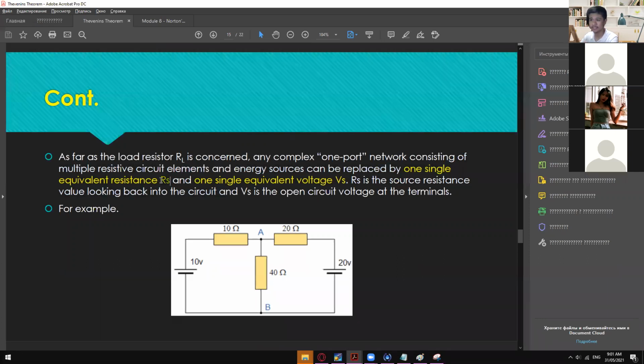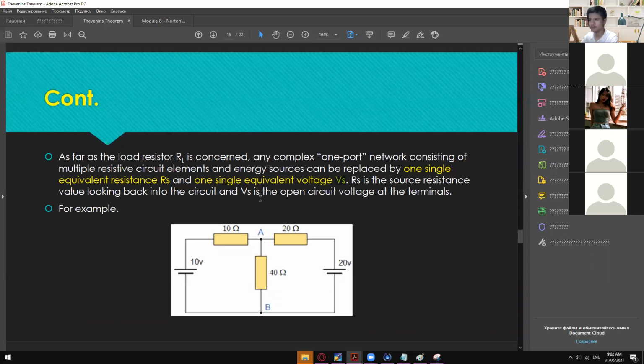Take note that here we call that RS, but on All About Circuits we call it RTH. Those two are the same, so RS is equal to RTH. The same goes for the single equivalent voltage: here we call it VS, but in the first example we called it VTH. Those two are just the same.